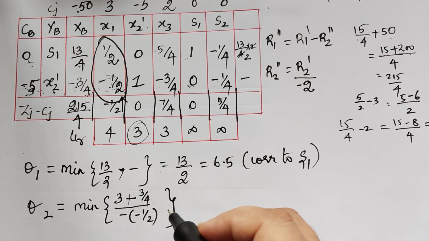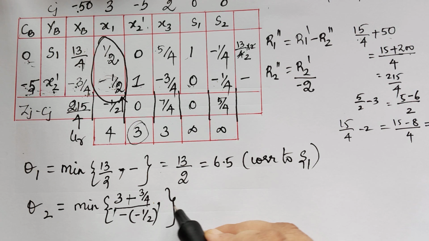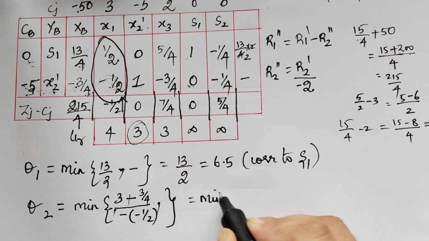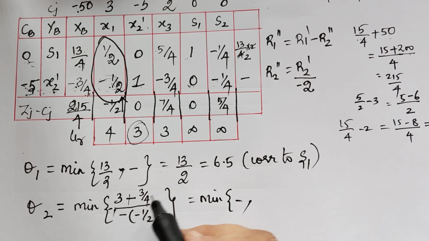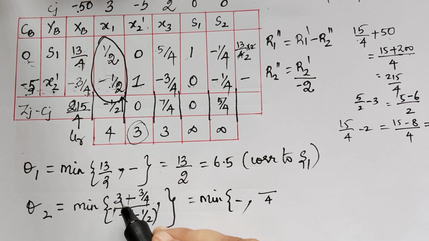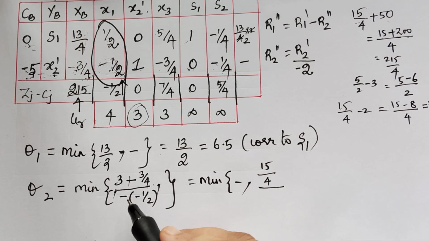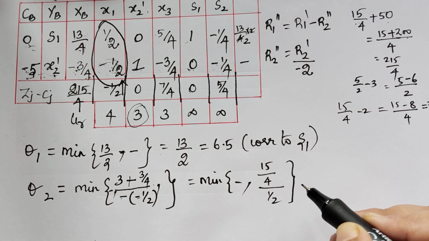So the minimum of this, comma, the other one is positive. I mean, first we had the positive, so dash. So that will be equal to the minimum of dash, comma. What is this here? The LCM will be 4, and 4 3s are 12, 13, 14, 15, so 15 by 4. And divided by minus into minus is plus 1 by 2.